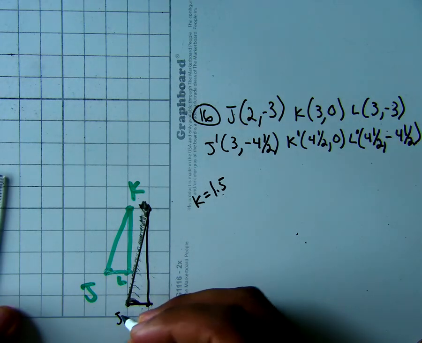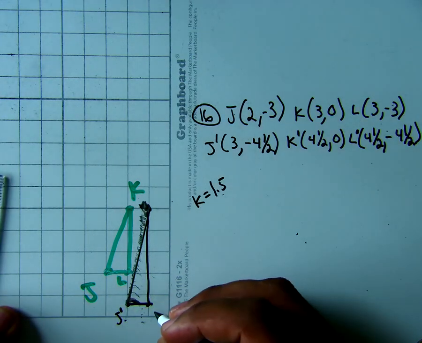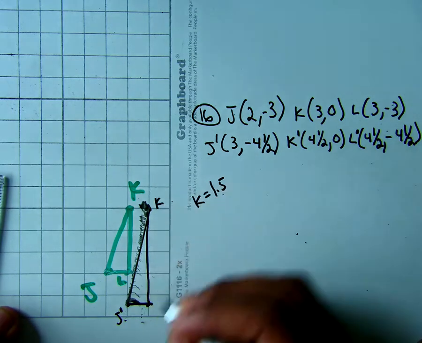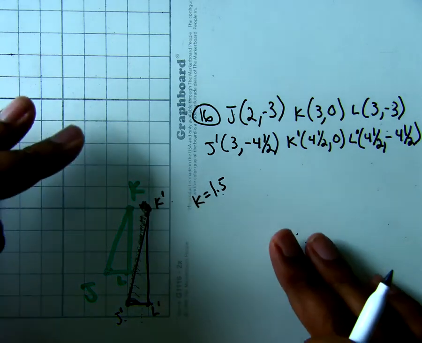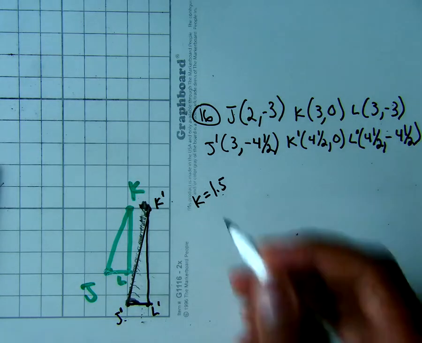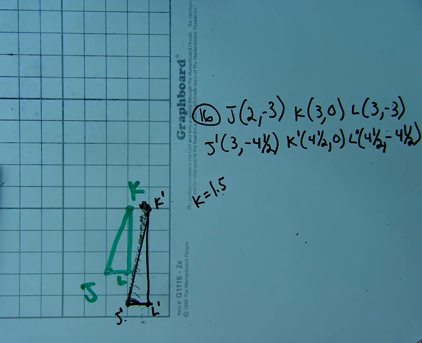So this is our J, K, and L. And you can see the figure is larger by a scale factor of 1.5.